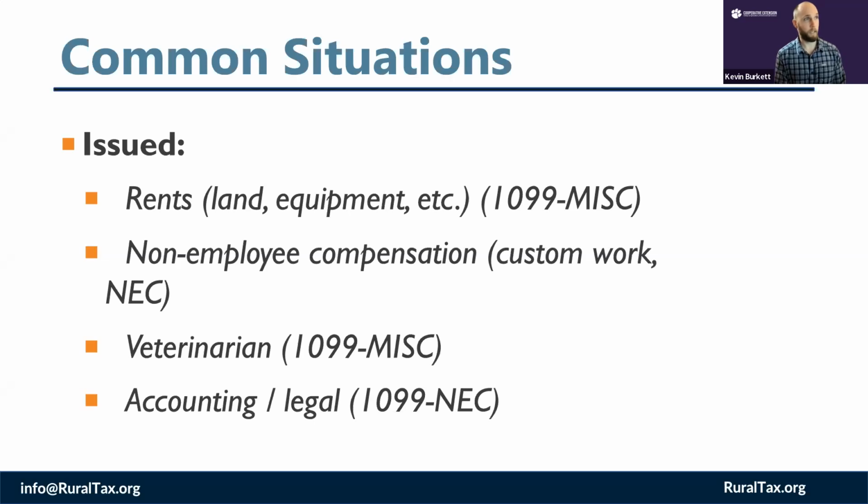So rents for land or equipment, 1099 miscellaneous. Again, if we've got somebody doing custom work for us of some kind, we'd probably see a 1099 NEC. Veterinarians and accounting and legal, pretty common scenarios. And this is where we see some of these exceptions come into play.